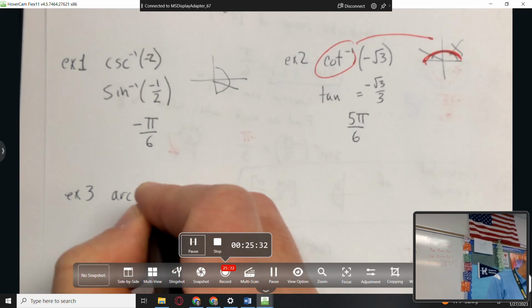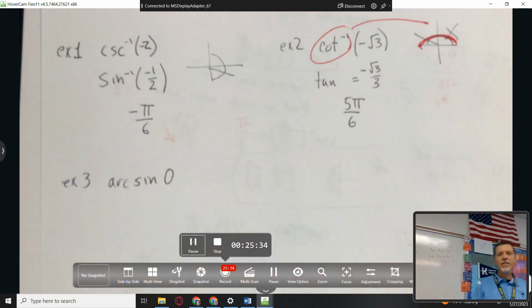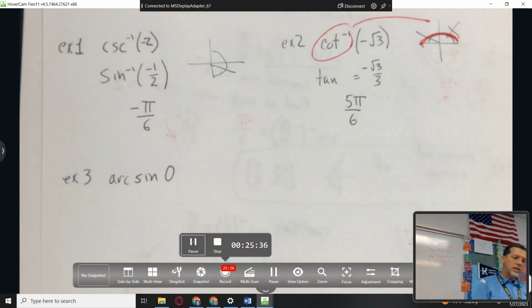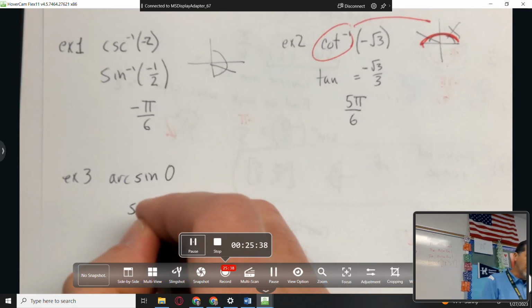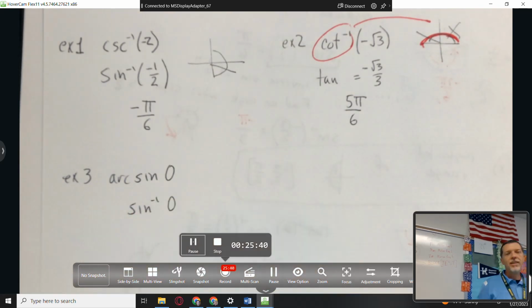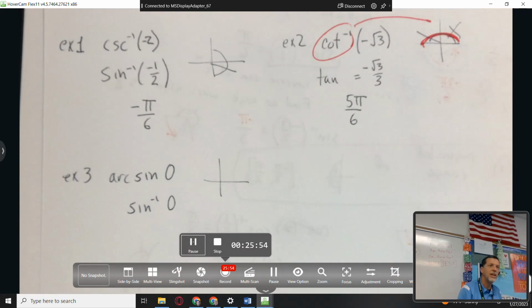All right, arc sine. So that's a new word, but all it means is inverse sine. Arc sine of 0, which means inverse sine of 0, which means find me an angle whose sine is 0. One person in first period said, oh, it's the one on the right.